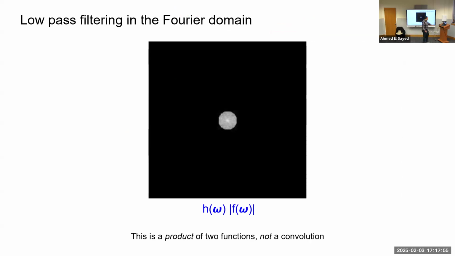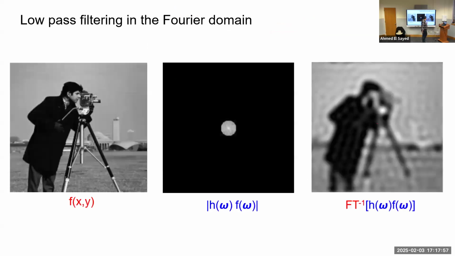Okay? So this is exactly similar to applying a convolution filter to the image. What is the filter that I can apply to this image to give me the same effect?